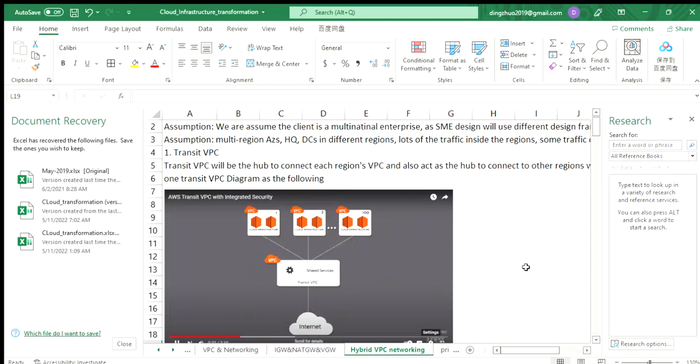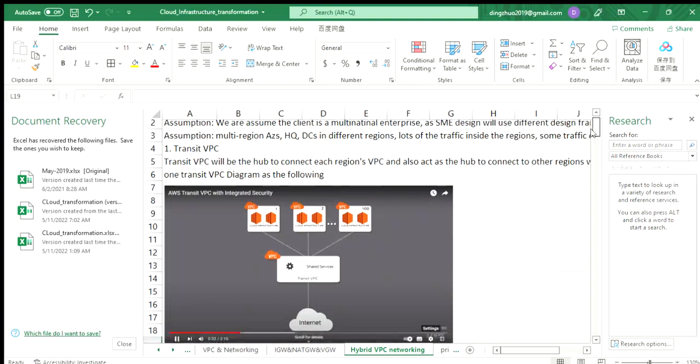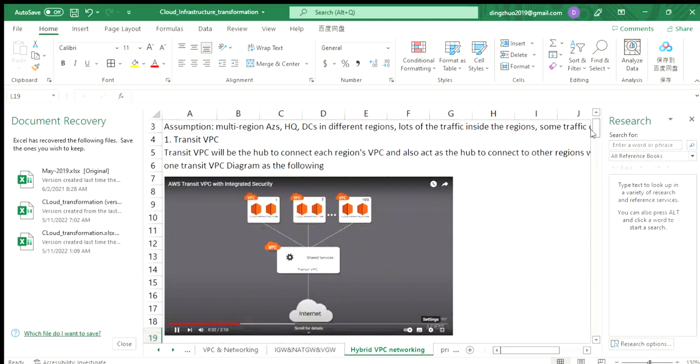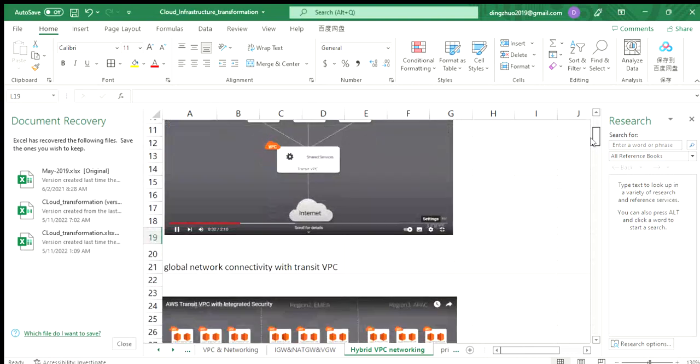So the first figure illustrates the scenario where the transit VPC sits in the middle, connecting to multiple VPCs, but also connecting to those premises, data centers, and offices.